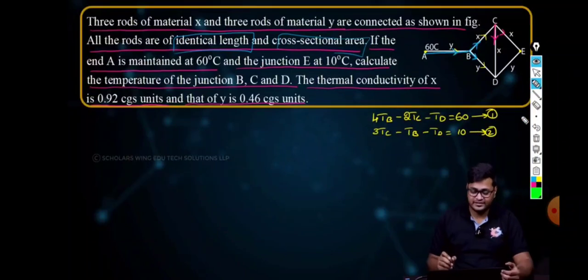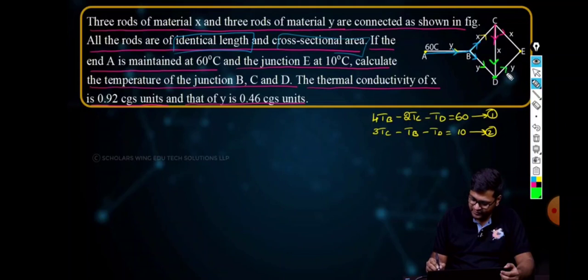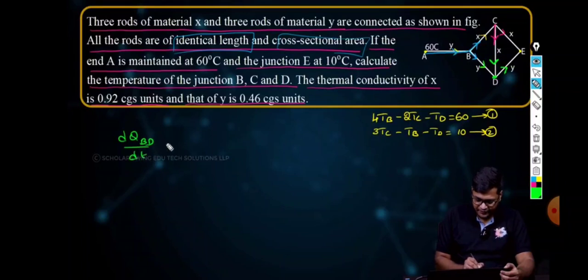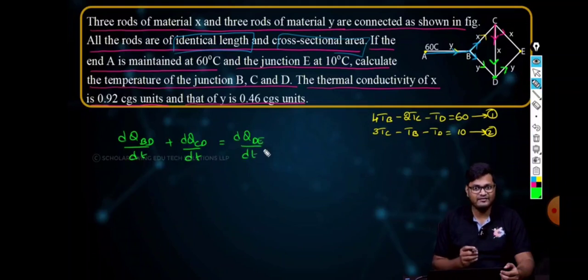Equation 2. Next, heat current entering the junction will be from here and from here, right? And leaving the junction will be from D to E. So I can write dQ BD by dt plus dQ CD by dt, that is the heat current entering junction D. That should be equal to dQ DE by dt, that is the heat current leaving the junction.